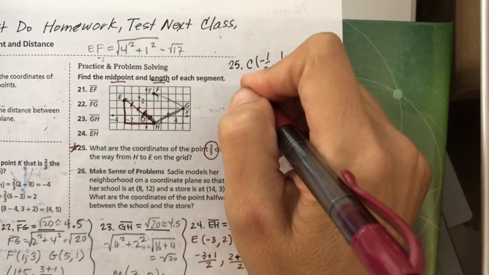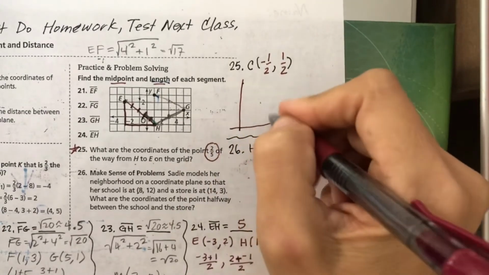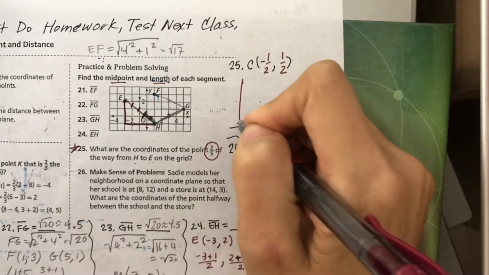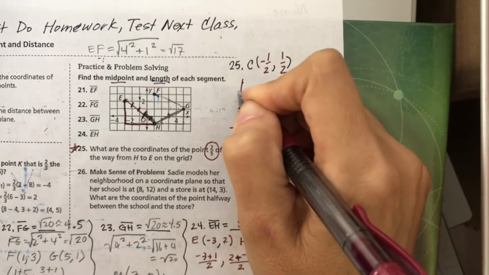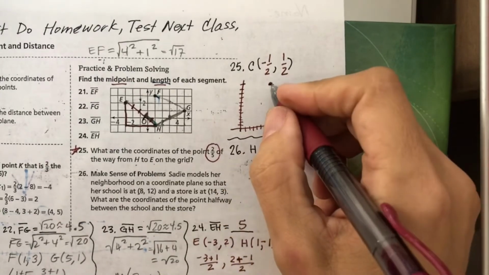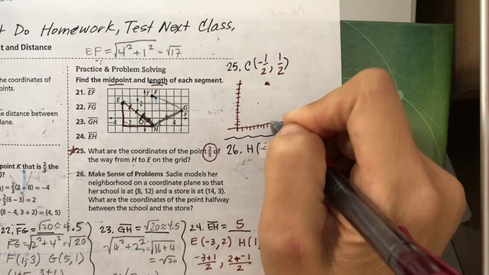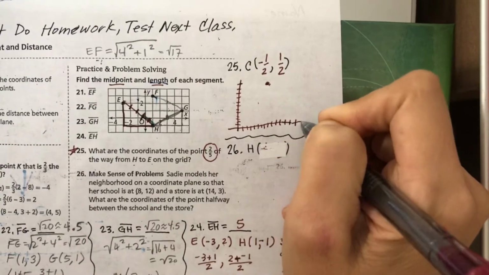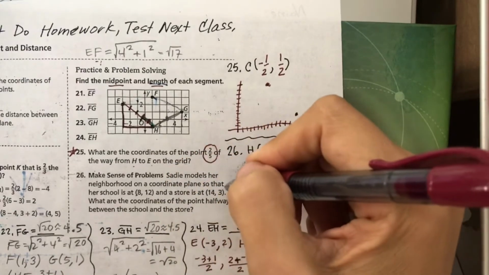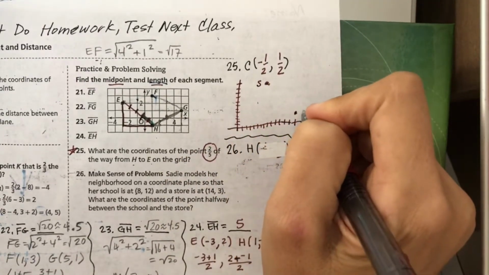All these are positive values, so I only need positive quadrant 1. 8, 9, 10, 11, 12. Somewhere right here, (8, 12), and (14, 3). Sadie models the neighborhood so that here's her school and here's the store.